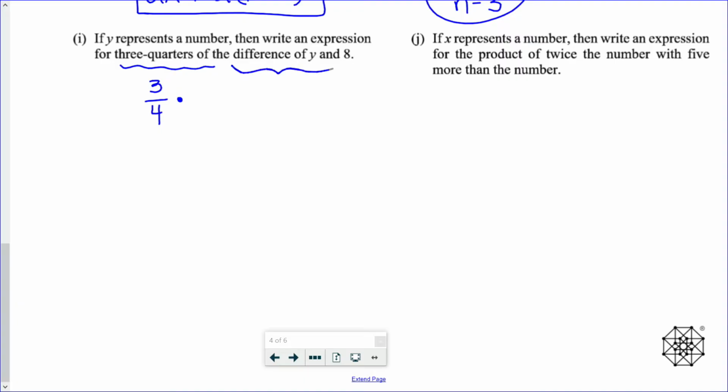And what are you multiplying it by? You're multiplying it by the difference of y and 8. So ultimately, we have 3/4 times y minus 8.